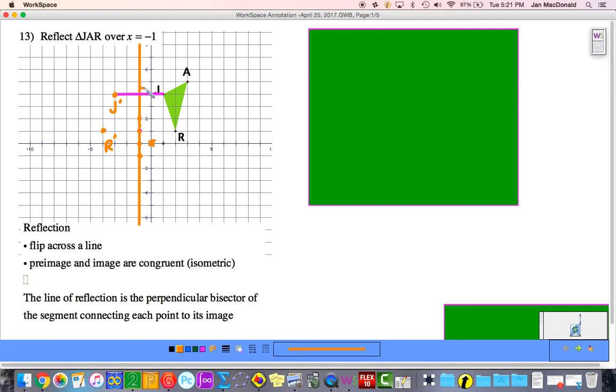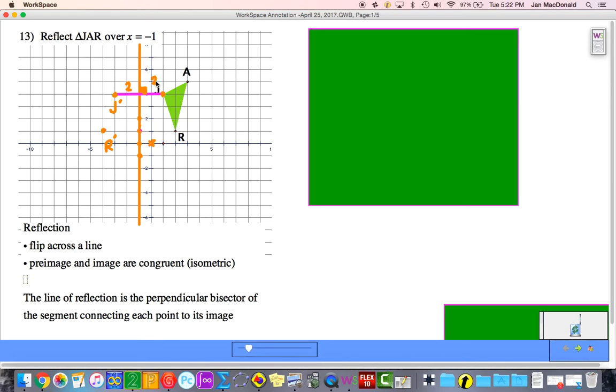We see the right angle, and we have 2 units to the left of the intersection and 2 units to the right. If this was point J, J prime would end up over here if we flipped it across the line. It's kind of like we have a piece of rope, and we're holding the rope here and swinging it over there, flipping it across the line. So now here's J prime.